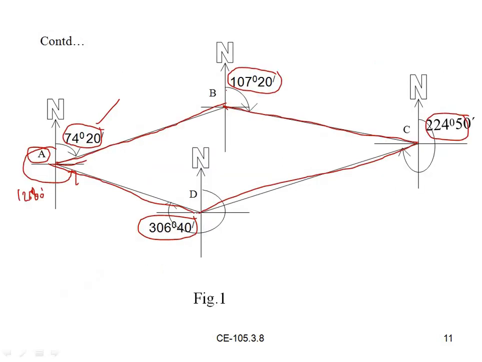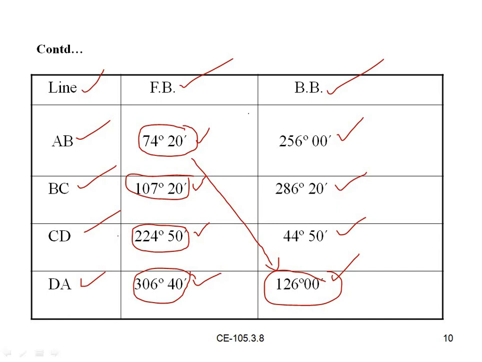So from here it will be there. In this quadrant it will be starting, that will be the back bearing. This is the one example I have shown here. Like that we will get back bearings of BA, CD and DC.